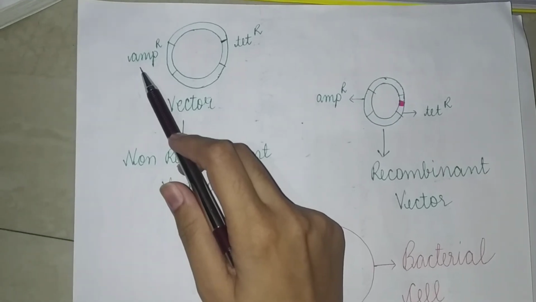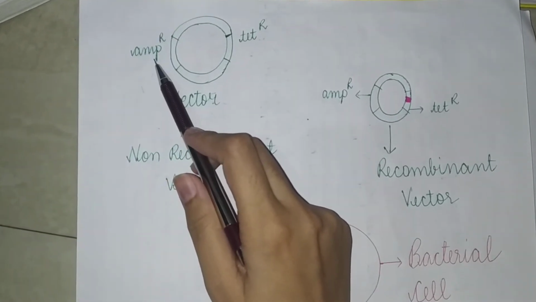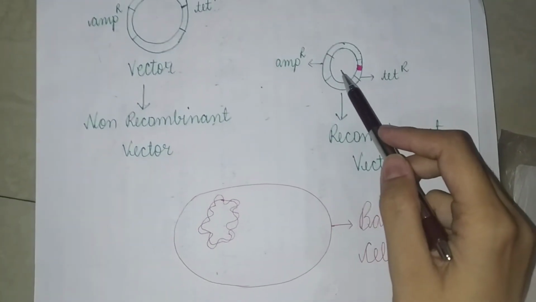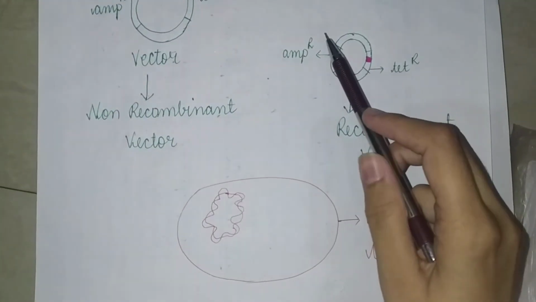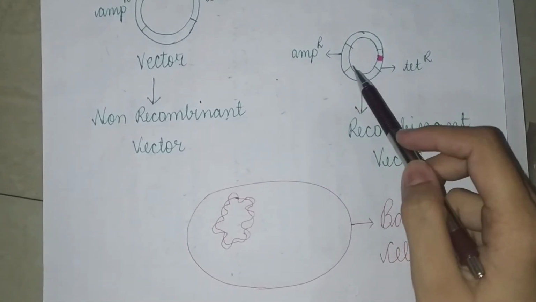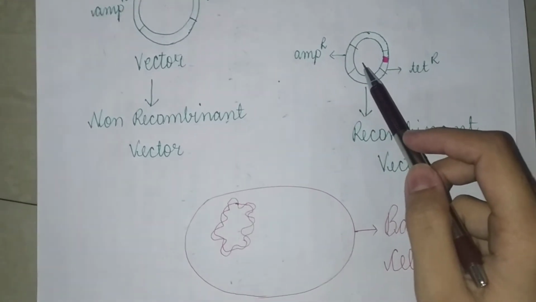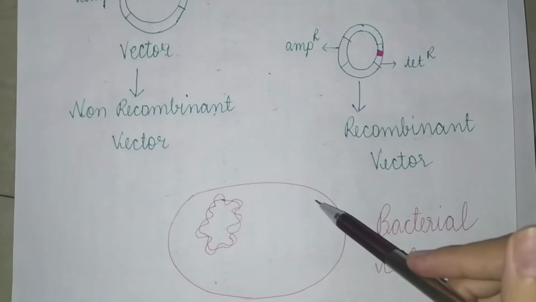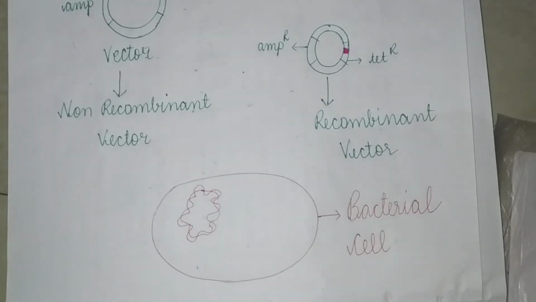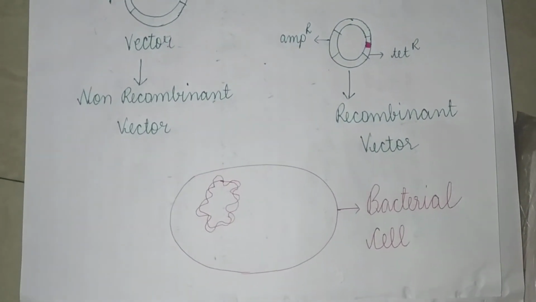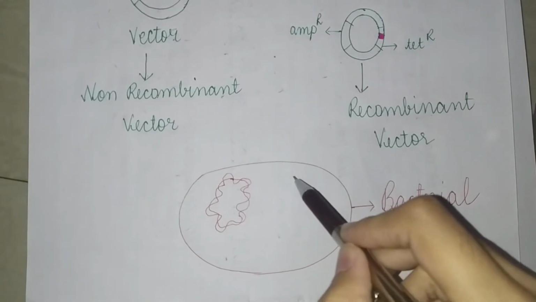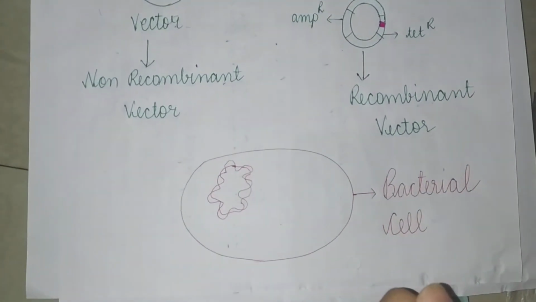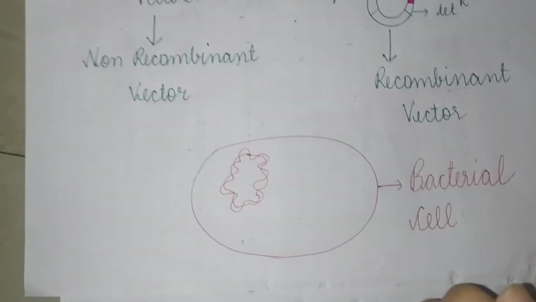That means it will be able to show resistance towards ampicillin. And similarly, in this case, it also has the ampicillin resistant gene, and it does not have any foreign DNA in the sequence of the ampicillin resistance gene. So it will also survive in the medium that has ampicillin in it. So what is the purpose of keeping the host cell in a medium containing ampicillin? The purpose is to select the transformant.